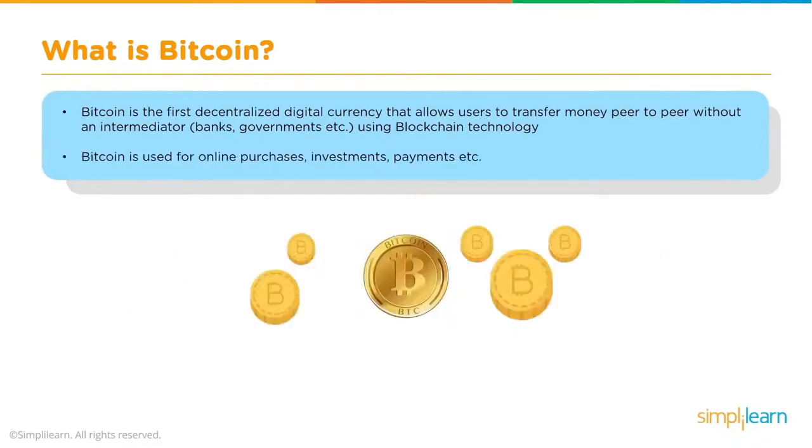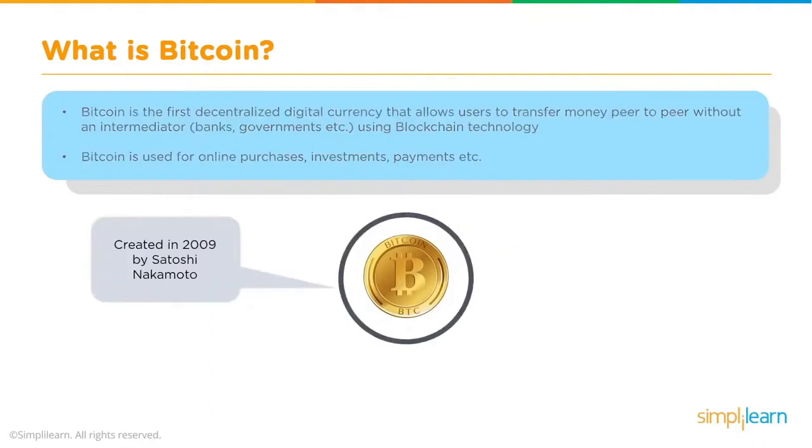Bitcoin can be used for online purchases, e-commerce transactions. It can be used as an investment instrument, and it can be primarily used for payments to buy goods and services. It was created in 2009 by a person or a group of people called Satoshi Nakamoto.